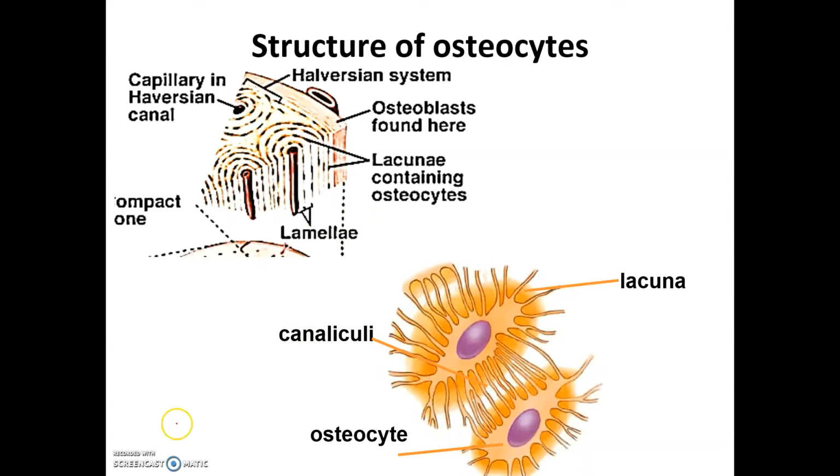So the structure of the bone is made up of many Haversian systems. If we do a cross section of our bone, we can see many Haversian systems. The Haversian system is also known as osteon. The osteoblast, which is the bone cell, can be found inside the lacuna.